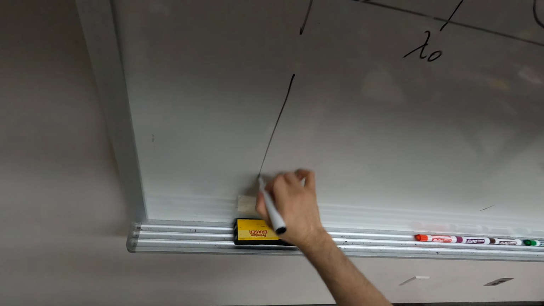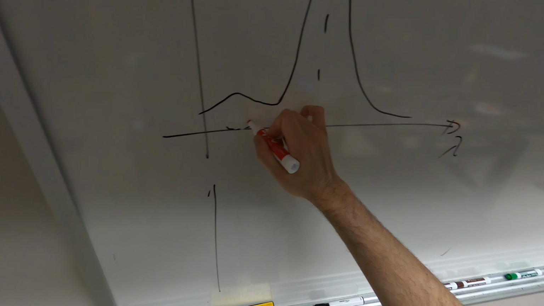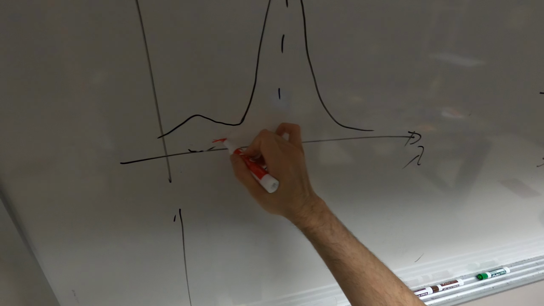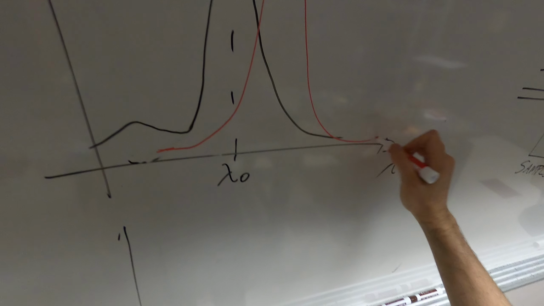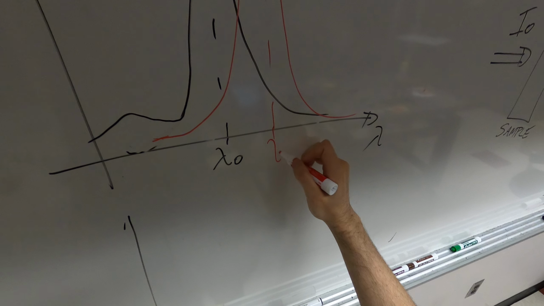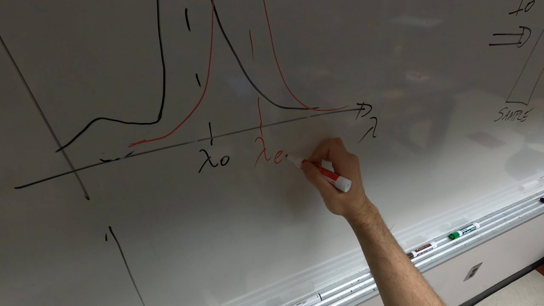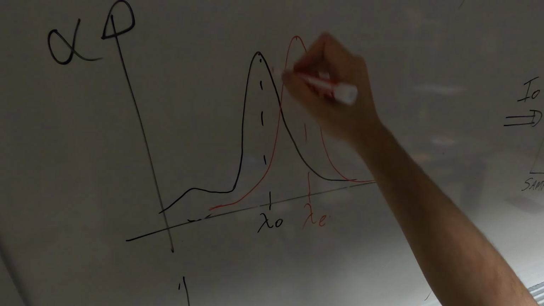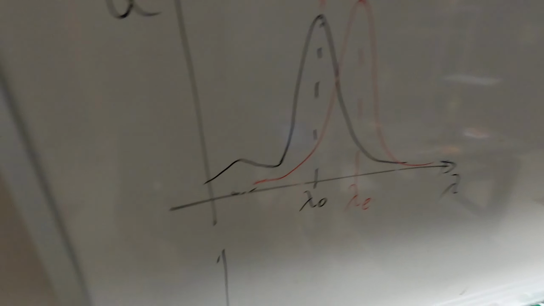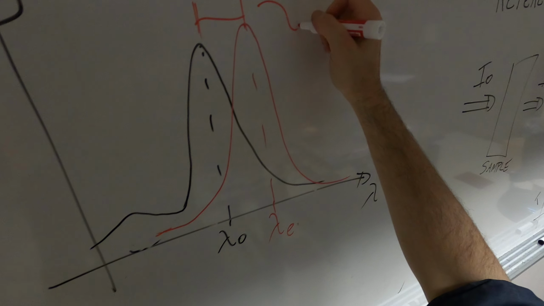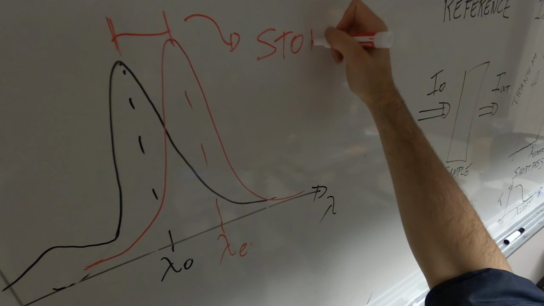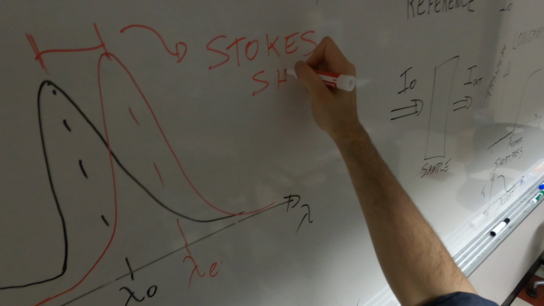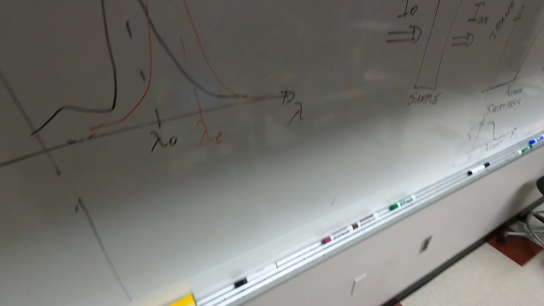When you measure the emission though, let me write with another color, we notice that the spectrum was shifted. You get something like that. So the peak is shifted to longer wavelengths. So let's call it lambda emission, lambda E. And we call this the shift between absorption and emission the Stokes shift.